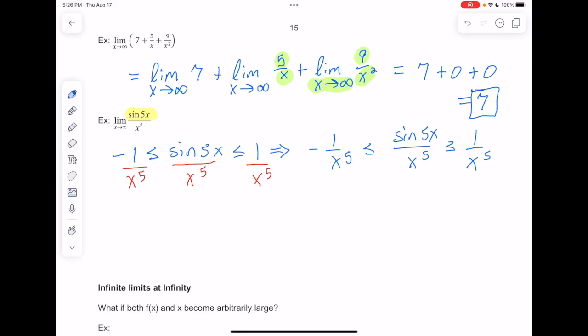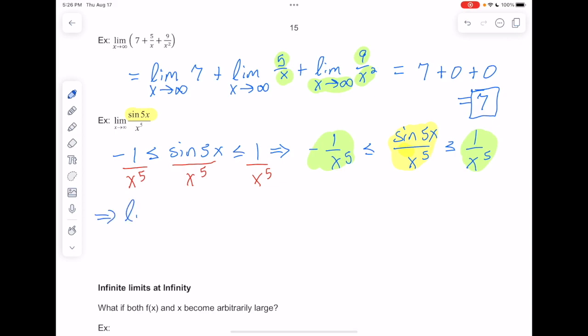So what's special about that? Well, the part in the middle is the thing we're trying to find our limit of. The parts on the outside are ones where the previous page applies because the top is a constant and the bottom is growing. So if we take the limits of all three parts, we'll know the answers of the outsides, and we can see if they squeeze the insides so that we can know that answer too. So we go ahead and take a limit of all three parts now.